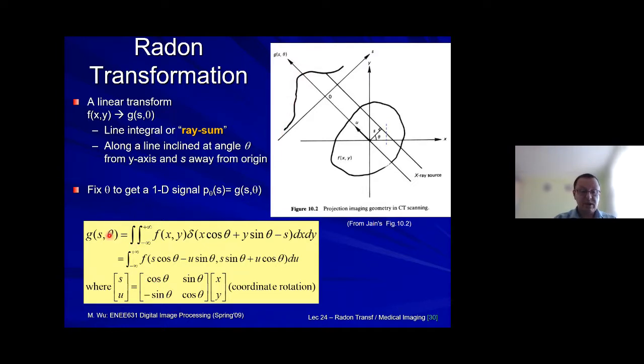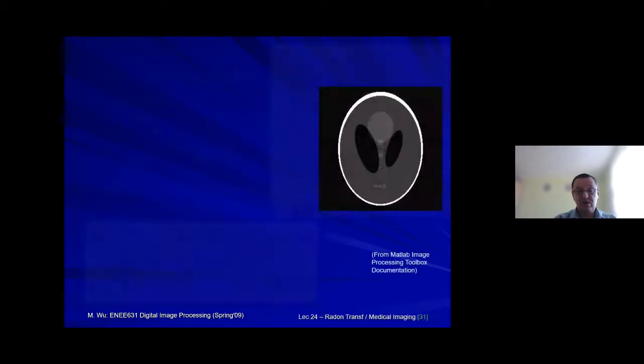So here we have this double integral, and here we have this solution, which gives us this colored one, the signal transformation, the Radon transformation.